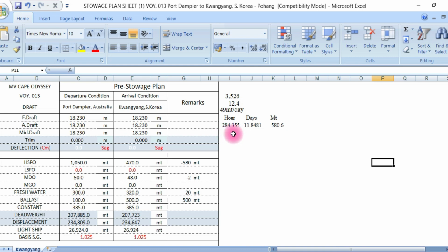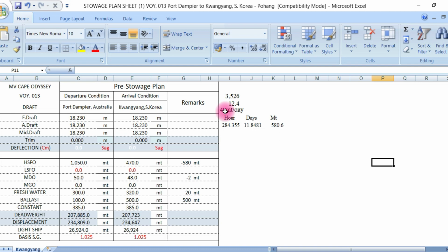You divide this figure by 24, so you will have 11.8481 days of travel. And this number of days, you multiply by the consumption of 49 metric tons per day.